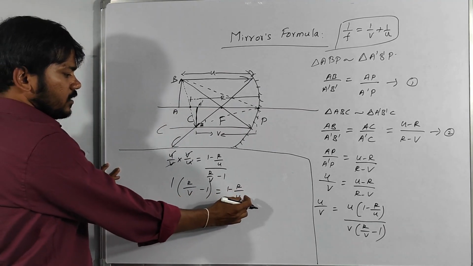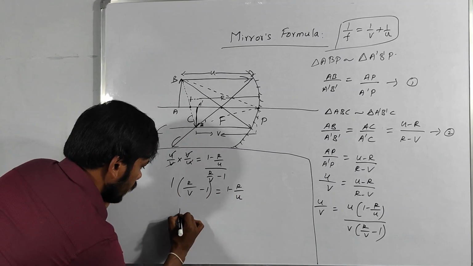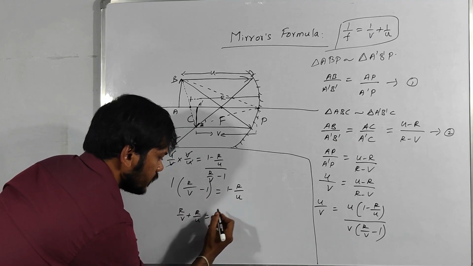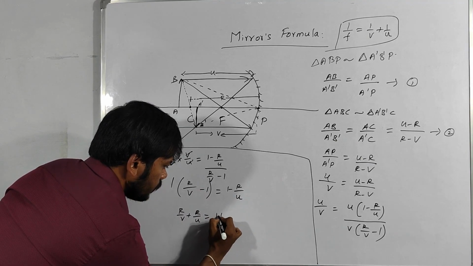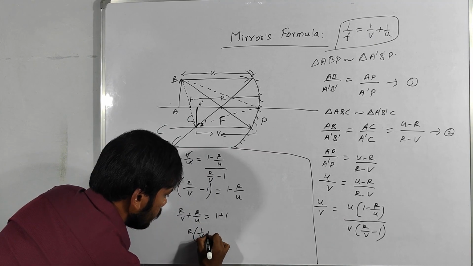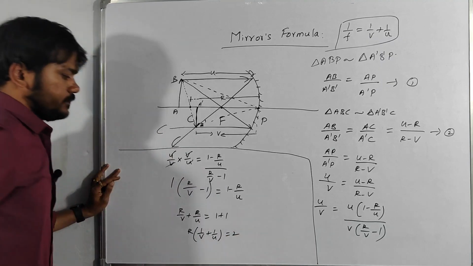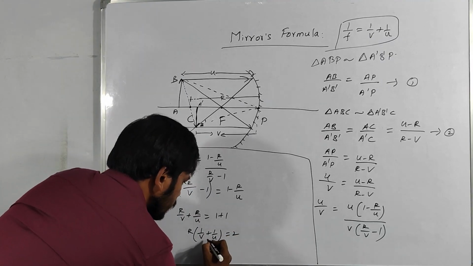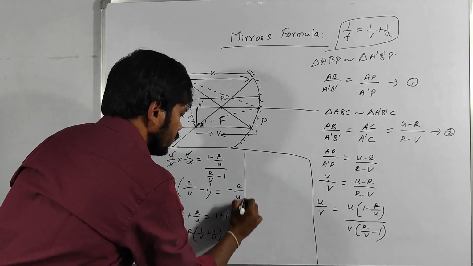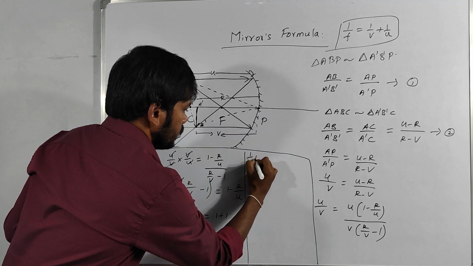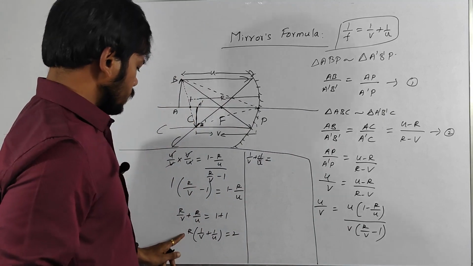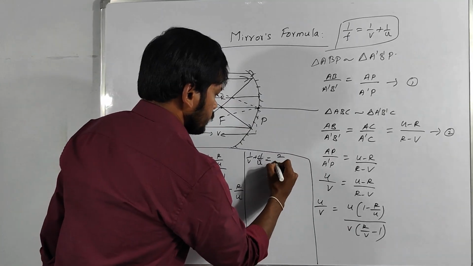Now transposing this r by u to the LHS, r by v plus r by u is equal to, transposing this minus 1 to the RHS, 1 plus 1. So what will this become? r into 1 by v plus 1 by u is equal to 2. Now a simple derivation: if this r is transposed to the RHS, it will become 1 by v plus 1 by u is equal to 2 by r.